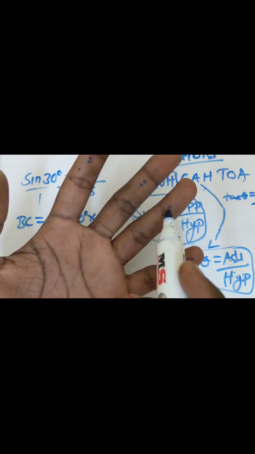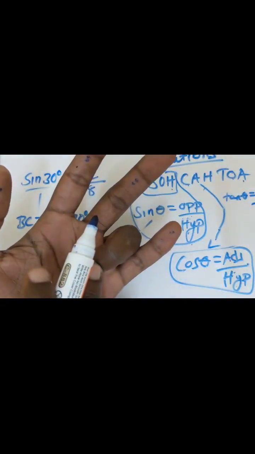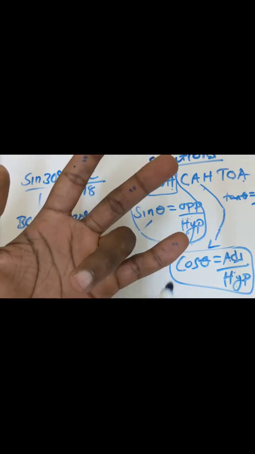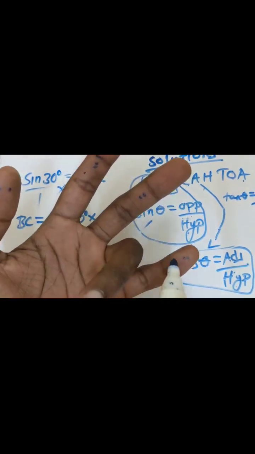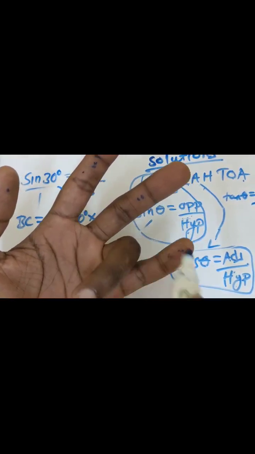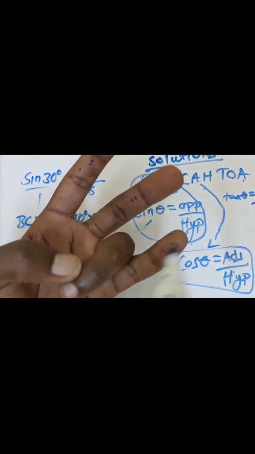Okay, so we are looking for what? We are looking for sine 30. So this is our sine here, and if you want to find sine, we go this side, this side is for cos. So this side, we are going to count how many fingers left. So how many fingers left? We have one finger left right here.